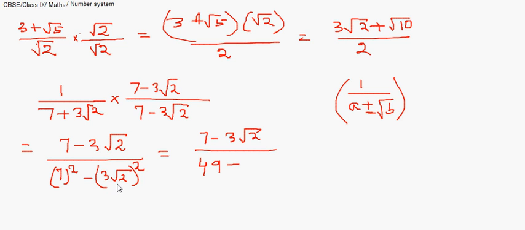No, sorry. Root 2 into root 2 is 2, and 2 into 3 into 3 is 18. So the numerator will remain as it is, because our main concern was to remove the roots in the denominator, and I'm getting 31 in the denominator.